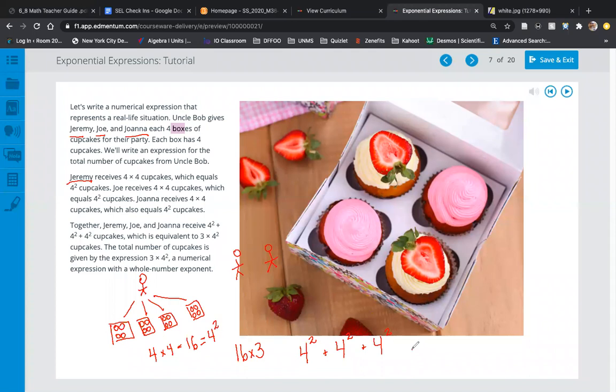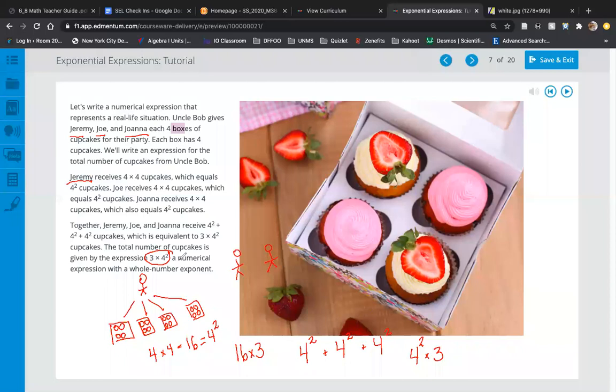So I could say this is the same thing as saying 4 squared times 3, because this is here is written 3 times, right? 4 squared times 3, what that means is just to take this number here and add it 3 times, right? 4 squared plus 4 squared plus 4 squared. Over here, they have it written in reverse, 3 times 4 squared.